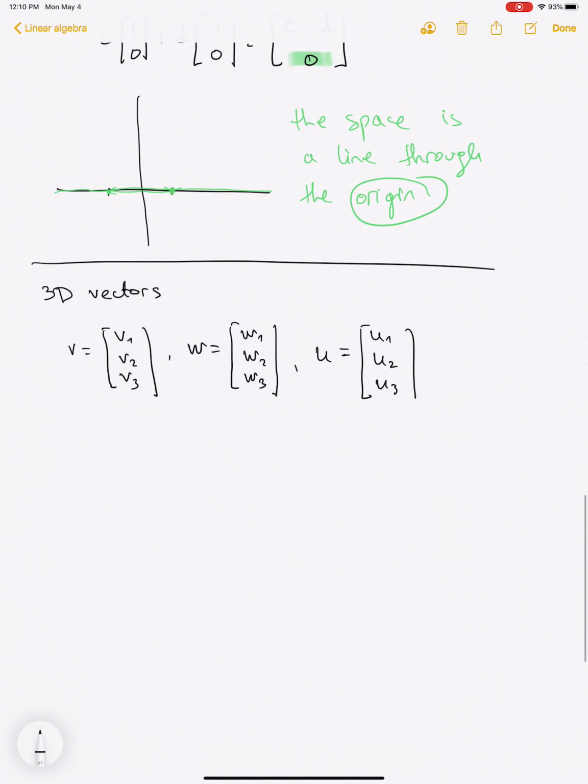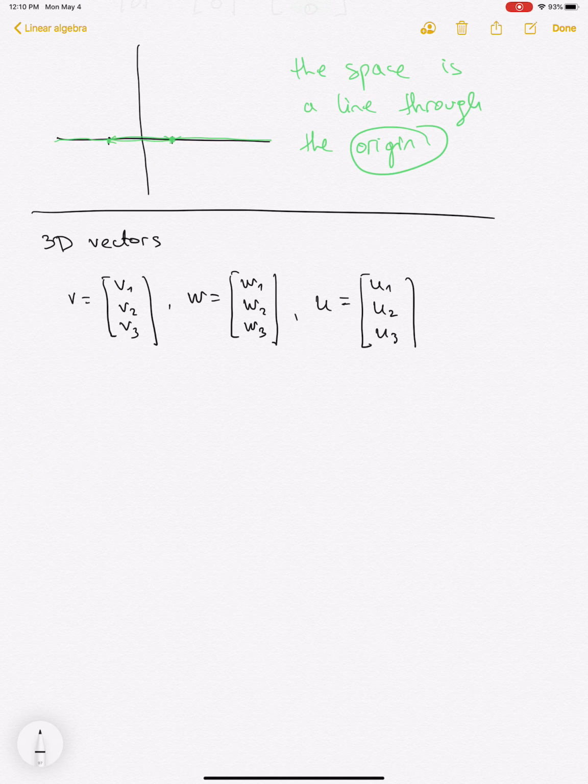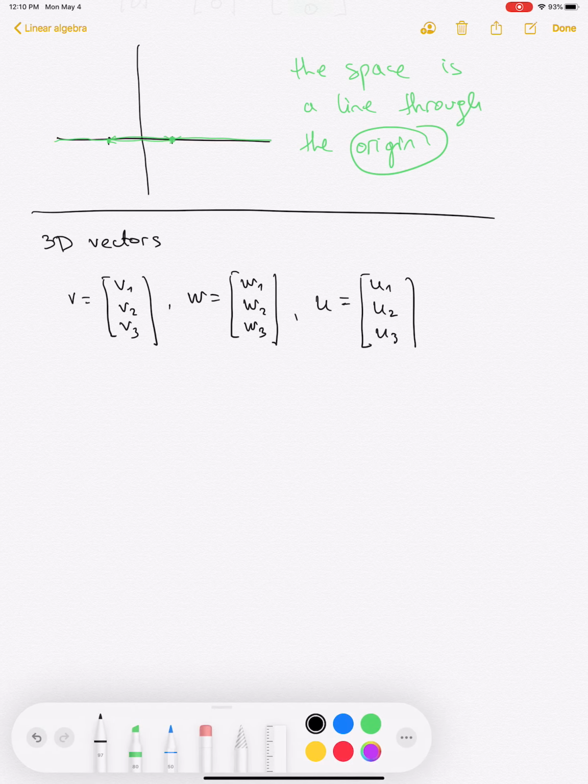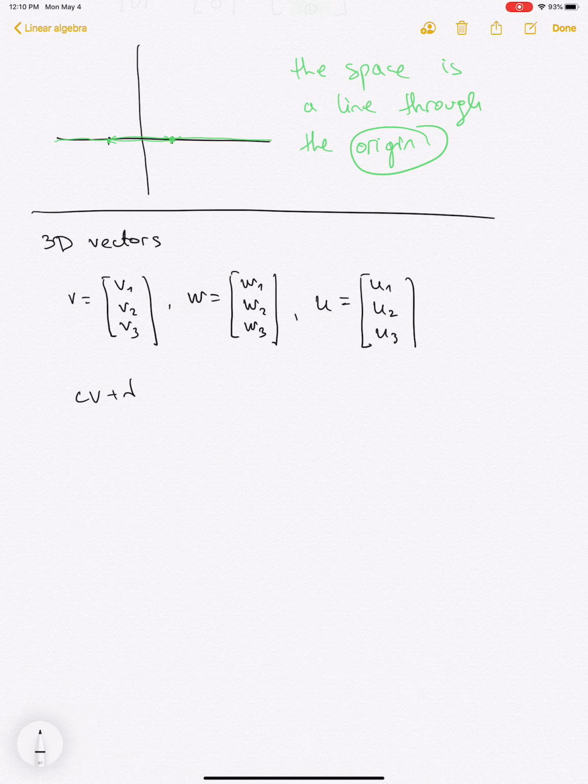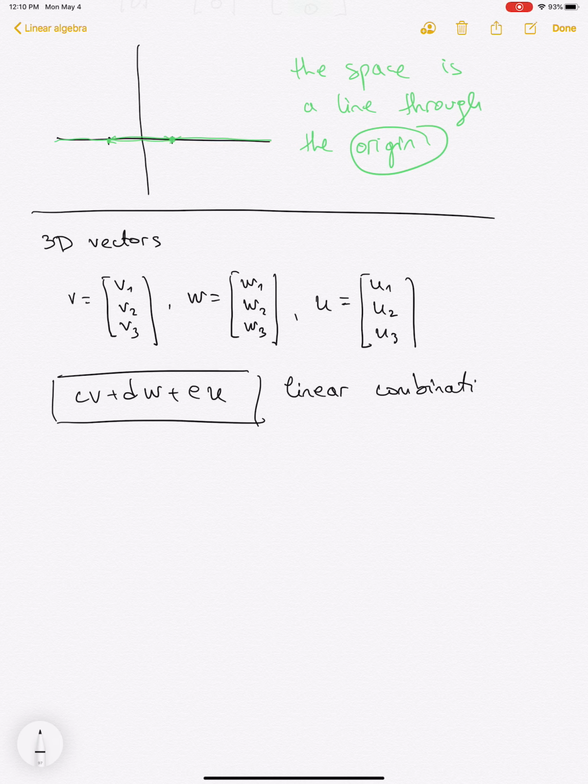And so what do linear combinations look like in here? Well, there would be something like CV plus DW plus EU. This is what linear combinations will look like.